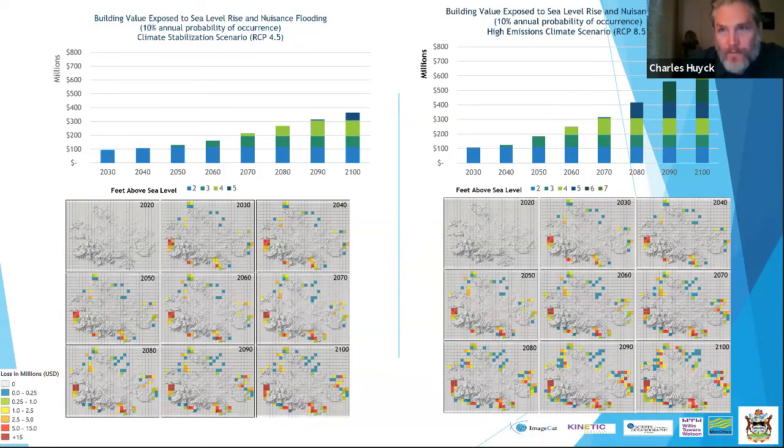We've broken that down. The color striations are feet above sea level and then the actual dollar amount. That feet above sea level is not only the rising sea, but on top of that, the 10% plus wave, which is essentially a factor of 1.5 on top of those two added together.